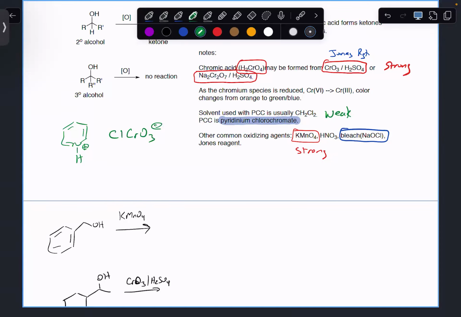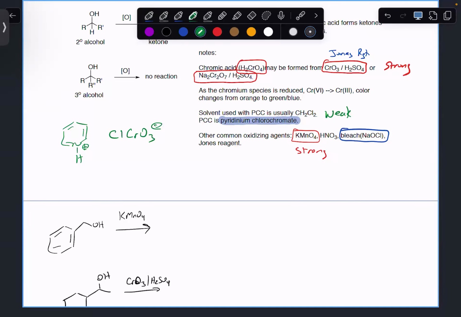So this is a primary alcohol. When you have a strong oxidizing agent, and we've got potassium permanganate on the arrow, which is one of our strong ones, the way I would remember these to make it easier for you, there is only one weak oxidizing agent at this point, and that is PCC. So if it is anything other than PCC, it's one of the strong ones.